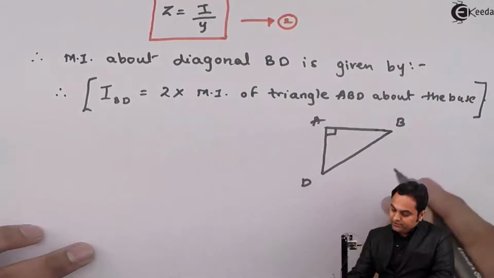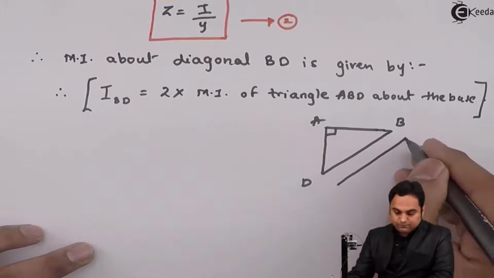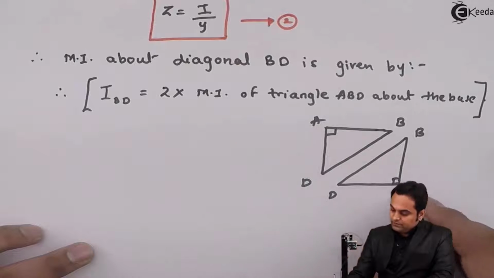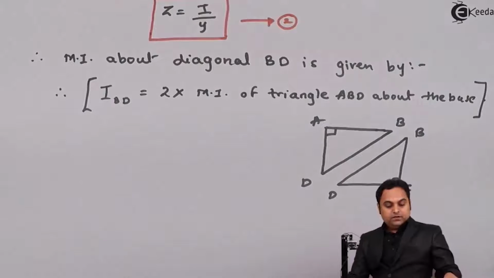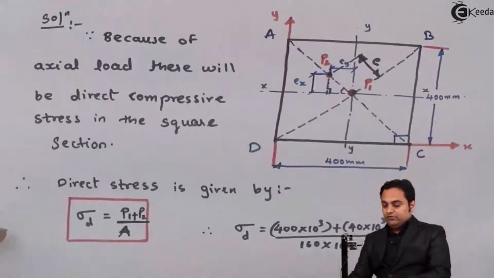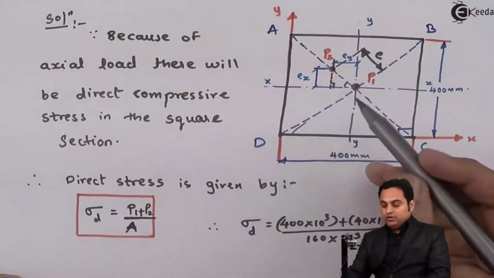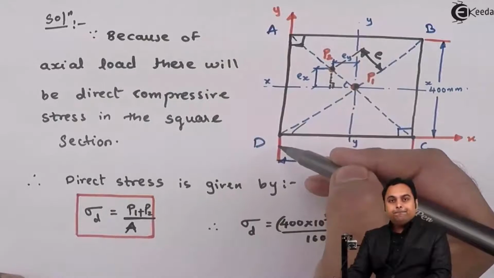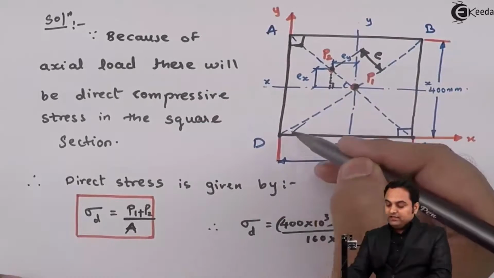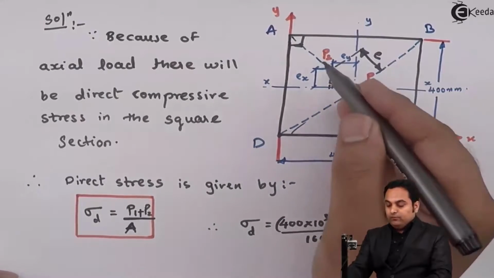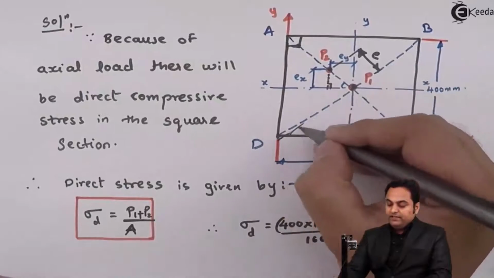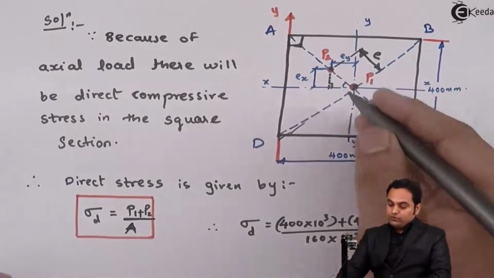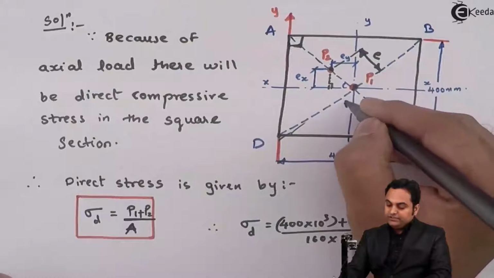This is triangle ABD. Triangle BCD. Now here we want to calculate the moment of inertia about BD, this diagonal, but this diagonal is passing through the right angle triangle ABD and through the right angle triangle BCD. And for both these right angle triangles, here BD can be considered as the base and this would be the height. So here I'll denote this point as M.